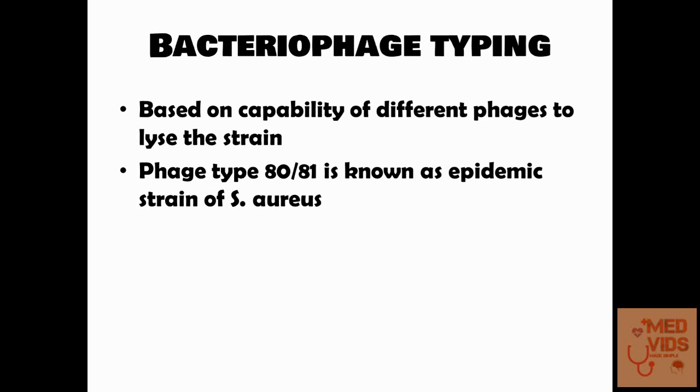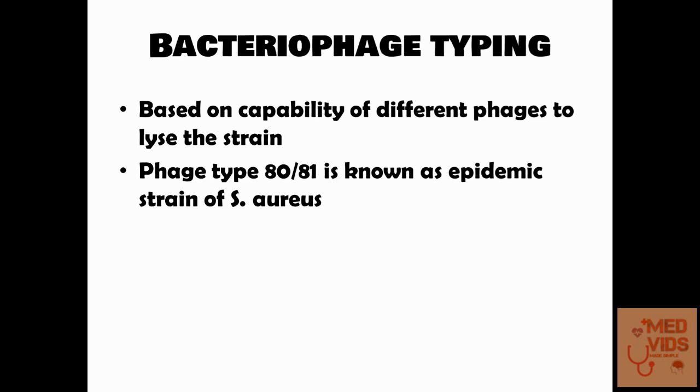Let us consider a strain of Staphylococcus aureus. If it is destroyed or lysed by a bacteriophage, actually these bacteriophages are named by numbers. Okay, for example, bacteriophage type phage 80, phage 81, like that. Okay, so if a strain of Staphylococcus aureus is lysed by phage 80 as well as phage 81, it will be represented as phage type 80/81.